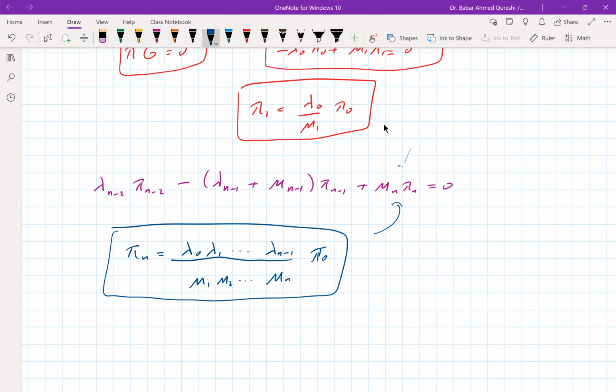Similarly, over here, I will have all of these up to lambda n minus 1 and mu n, but mu n will be cancelled. So I will have mu n minus 1. And then this will be cancelled with this term coming from here, and so on.